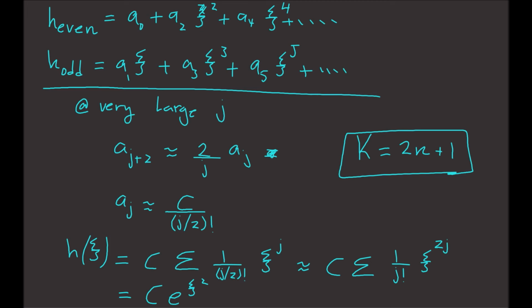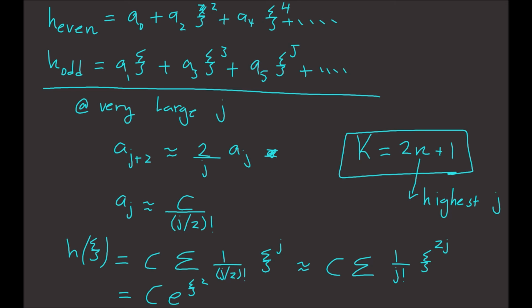Without k being equal to 2n plus 1, where n is the highest j, the solution is going to blow up in our face.